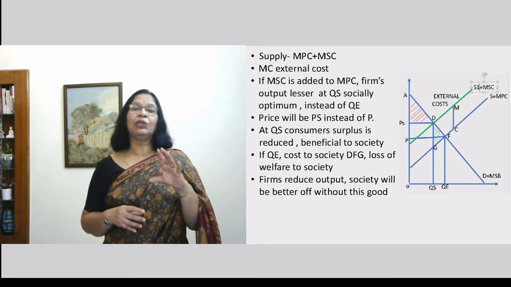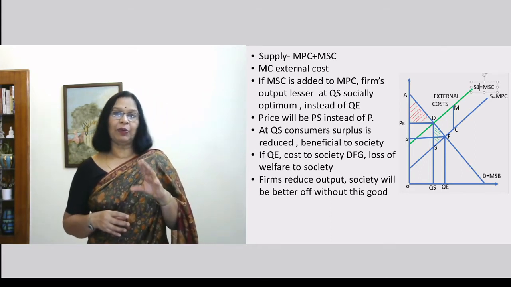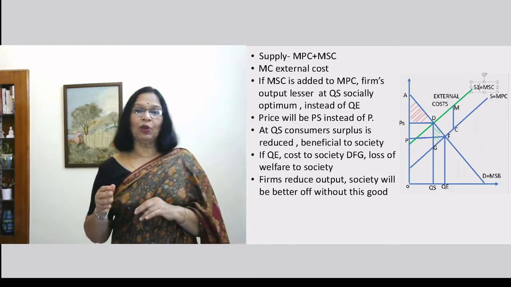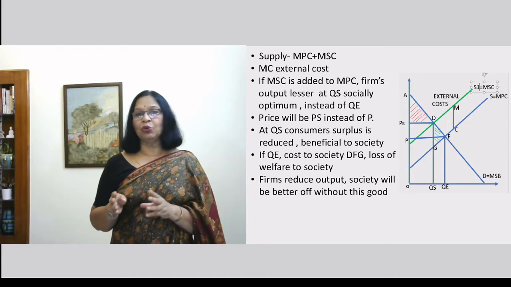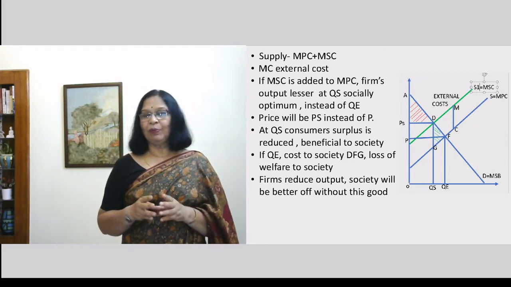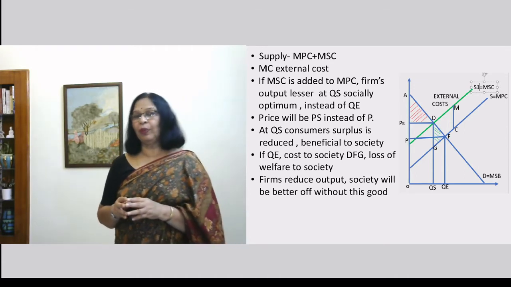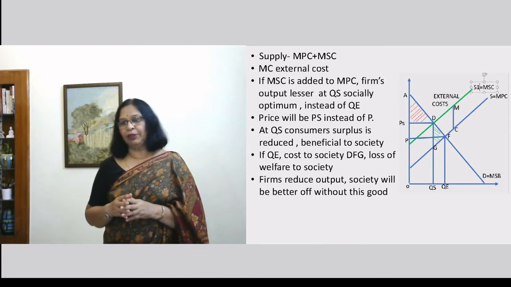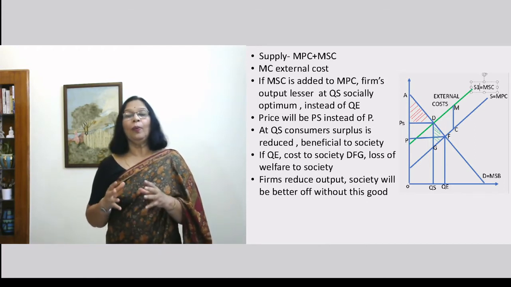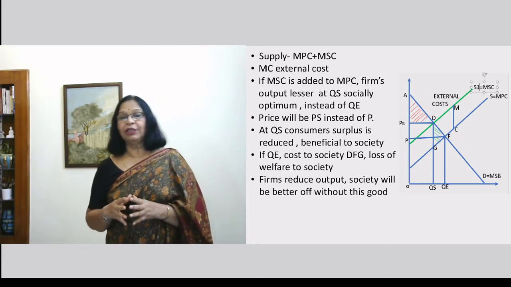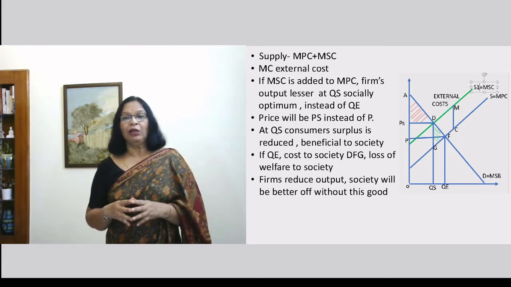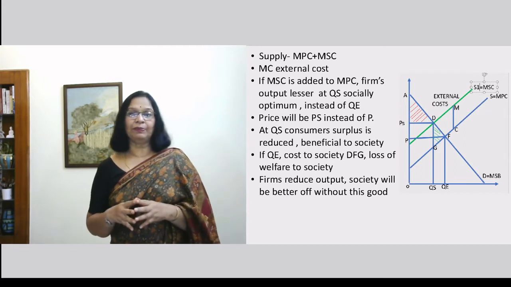OPS is a socially accepted price, and at that price you will also find that the quantity has reduced from OQE to OQS. The firm will produce less quantity because it has to bear the cost of cleaning up the water. When the firm bears the cost of treating that polluted water, there are two things that happen.